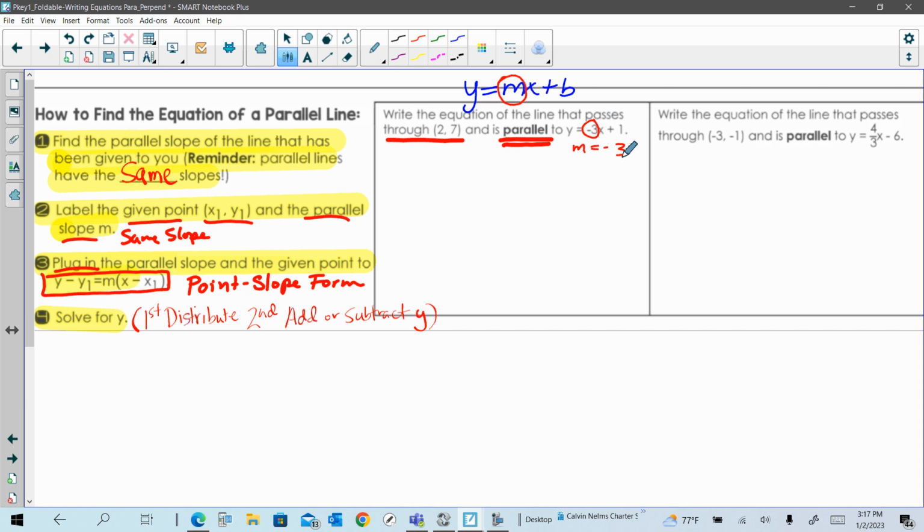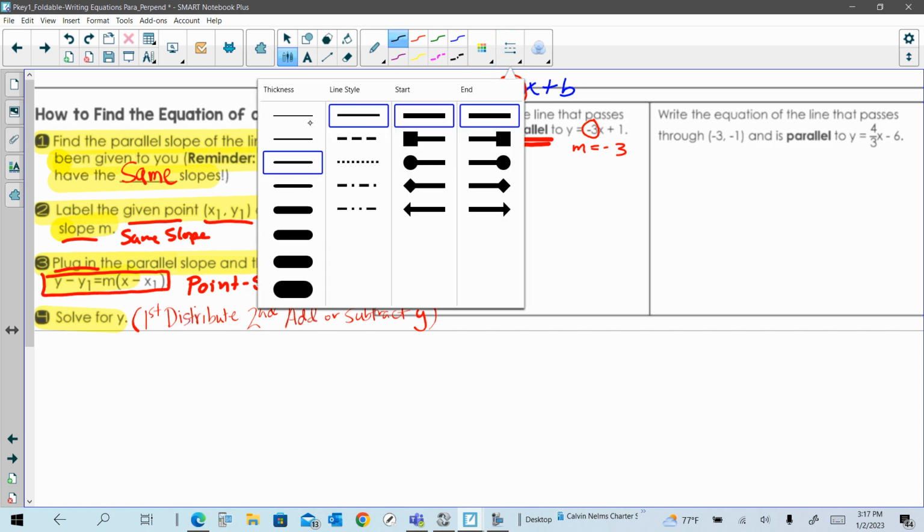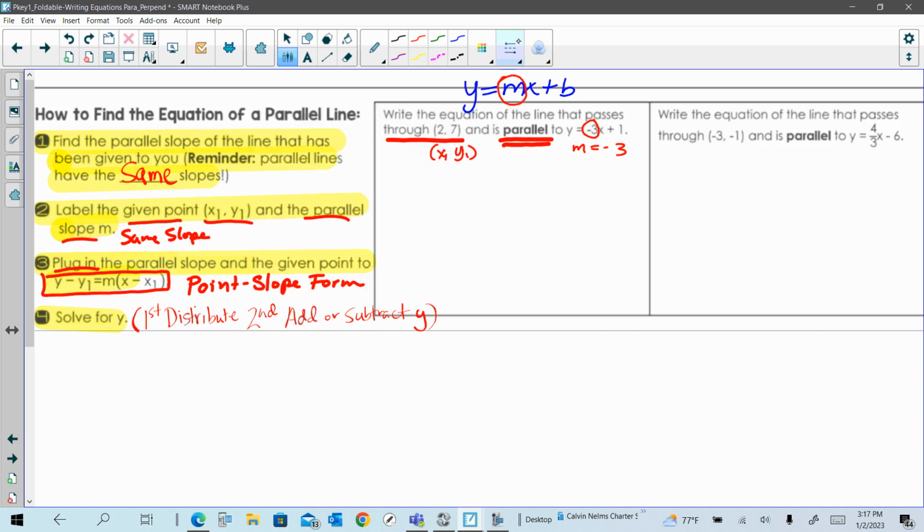We're using the same slope when it's parallel. Our point 2, 7 represents our x1 and our y1. So our formula for point slope form is y minus y1 equals m parentheses x minus x1.